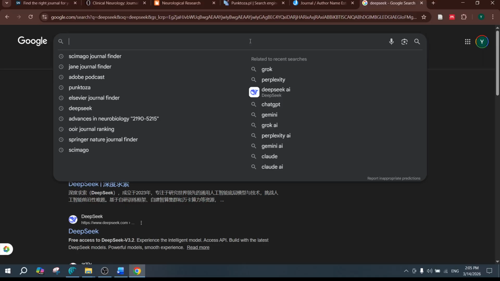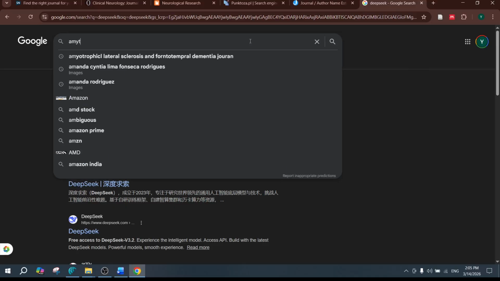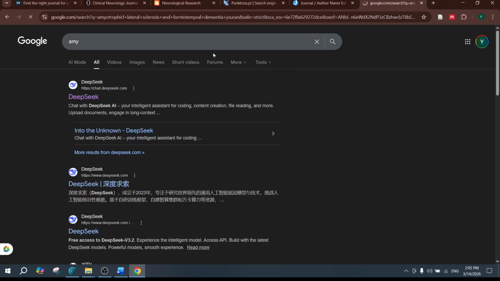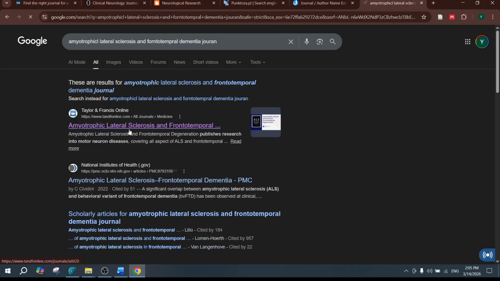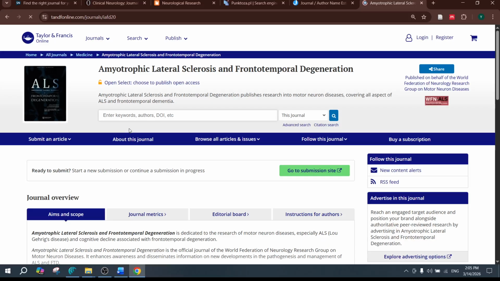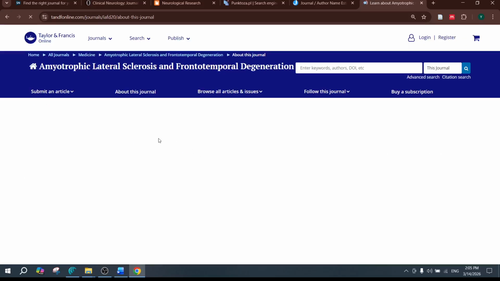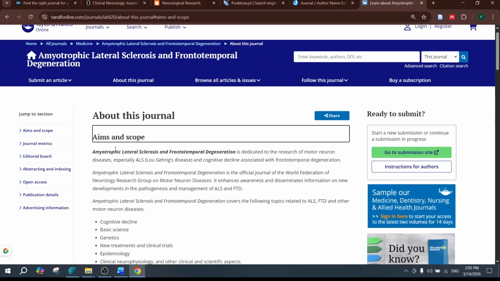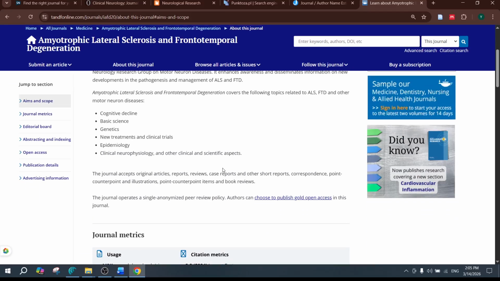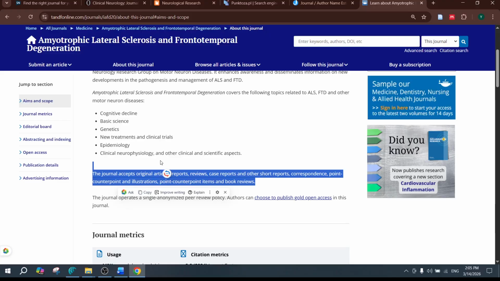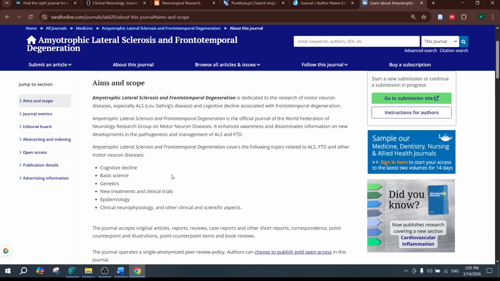For example, let's pick up a random journal. Yeah, this journal, for example, where we submitted our letter to the editor recently. You must read the aim and scope. Very important, because it gives you information about the aims of the journal.